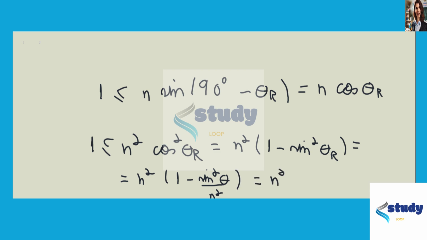This is n squared minus sine squared of theta. And we want to find the smallest value of n for which this inequality holds. The smallest value will be when it is an equality.